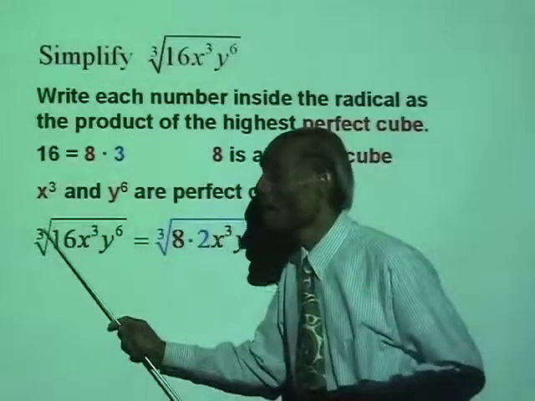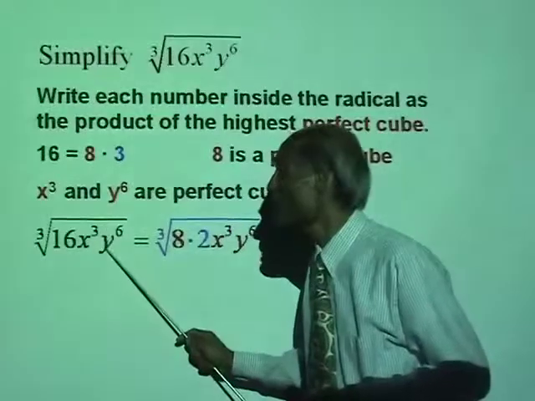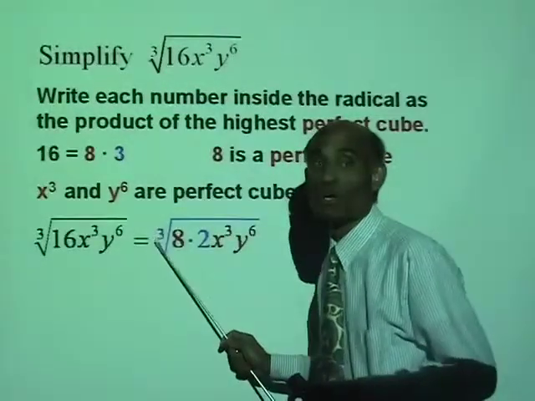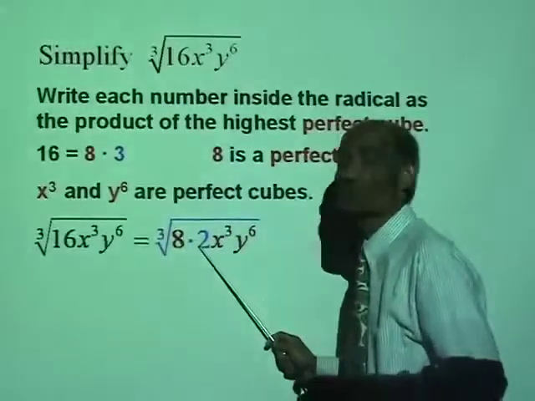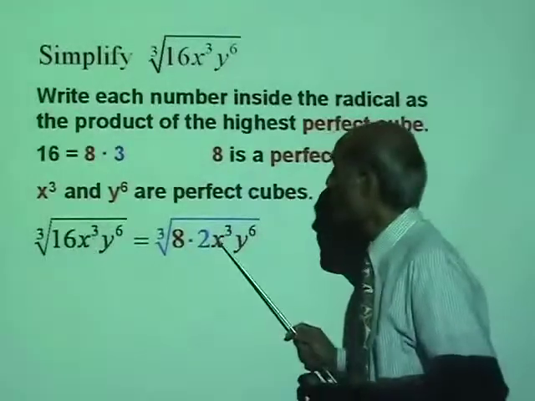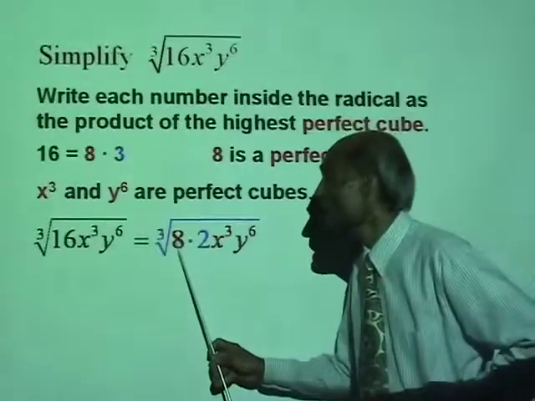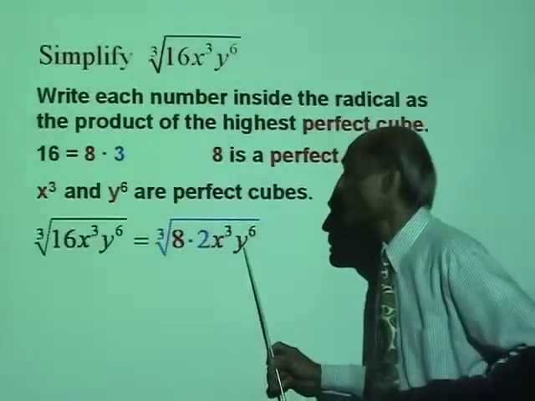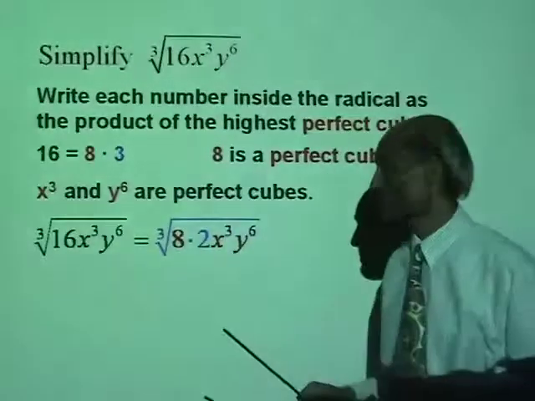So we can now write cube root of 16 x cubed y to the 6th equal to cube root of 8 times 2, with x cubed and y to the 6th left alone. And you can see again, the red coloring are perfect cubes. We can separate them out.